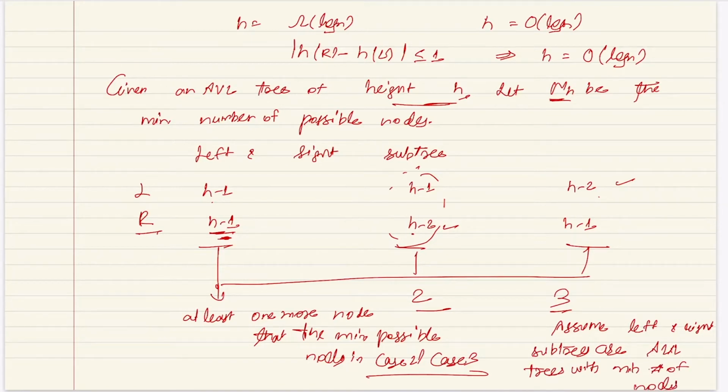So one has to have a height of h minus 1, another has to have a height of h minus 2. So now I can put an equation, how many nodes the overall tree will have. The minimum possible nodes are those in the left subtree, in the right subtree. One of them will be h minus 1, another will be h minus 2, plus I'll have one more node for the root. Okay.